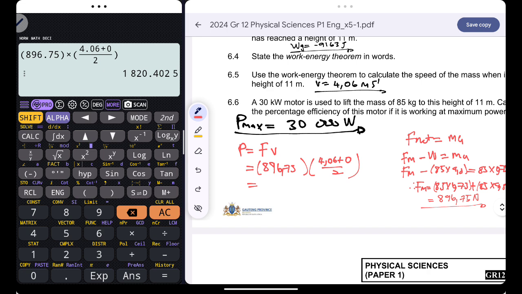So the actual power delivered by this motor to lift this 85 kilograms from the ground is just 1,820.4025 watts.